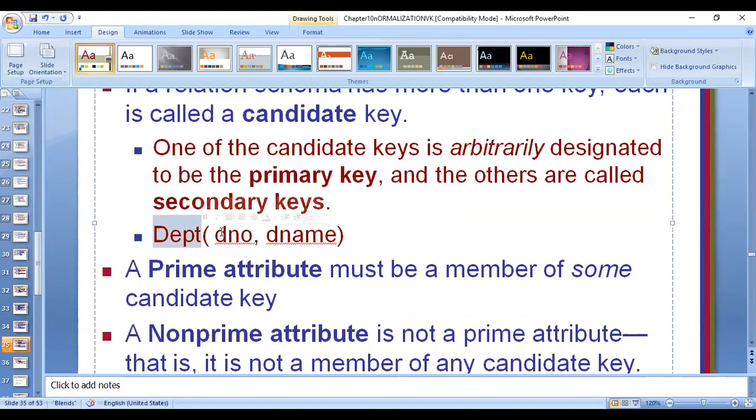As you all know, no two departments have the same name, so department name also uniquely identifies the department tuple, and department number is also unique. So a prime attribute in a broader sense is an attribute which uniquely identifies every tuple in a table. Is this point clear to you?